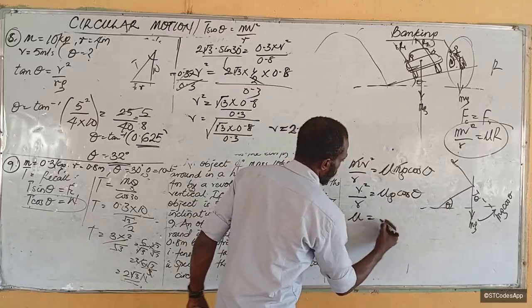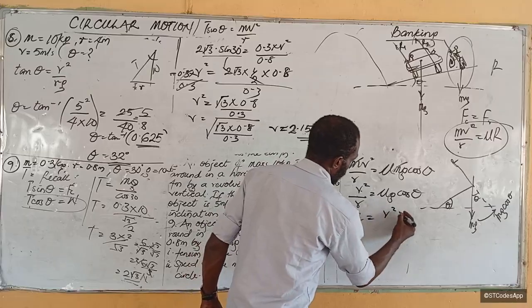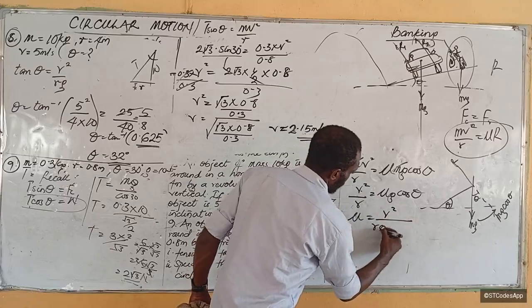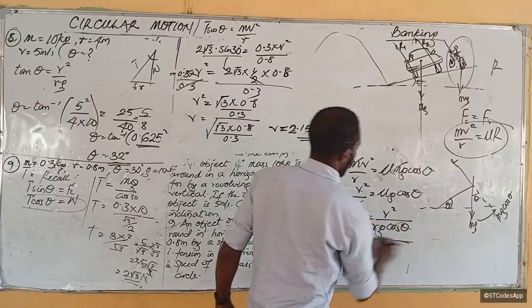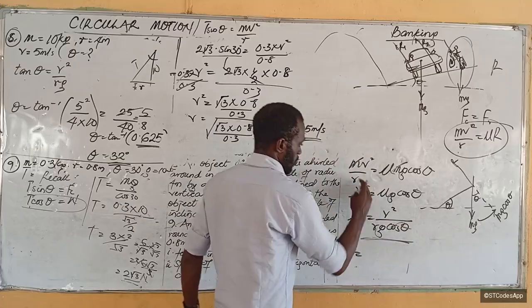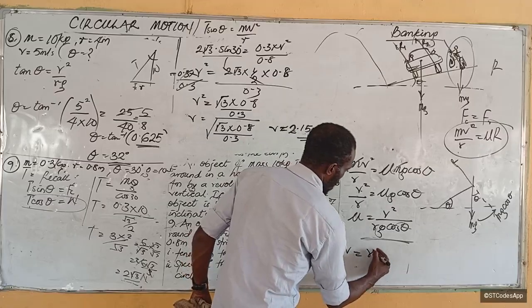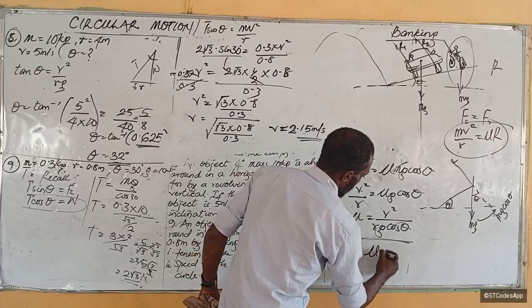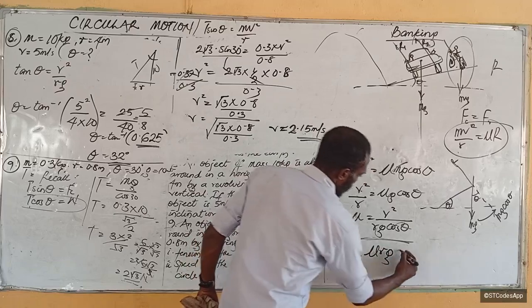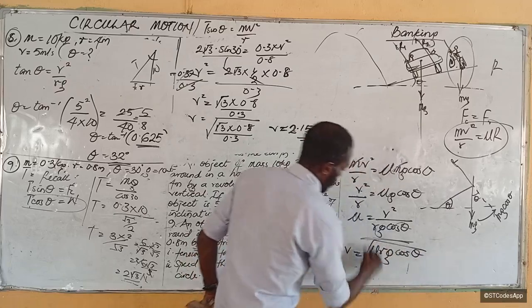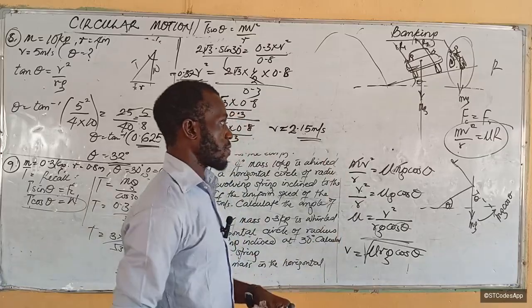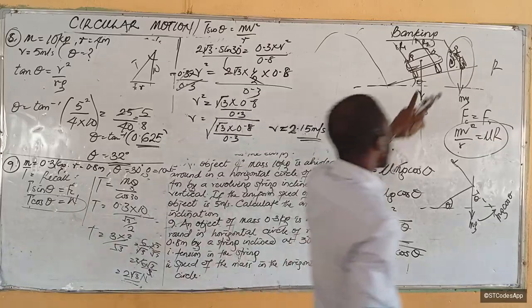So mu will be equal to v squared over rg cos theta. Velocity, of course, from here will be equal to the square root of mu rg cos theta. That will be the velocity. Is that clear?